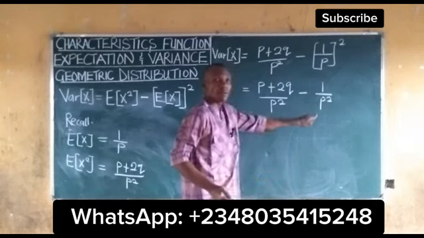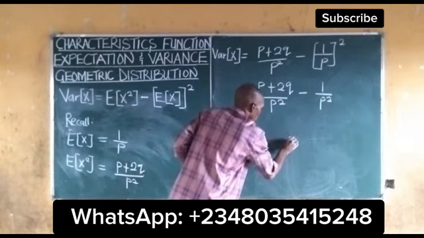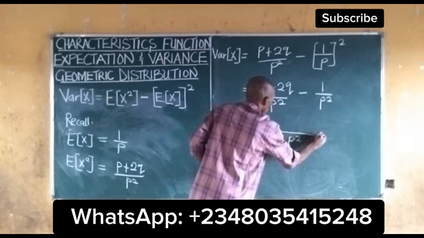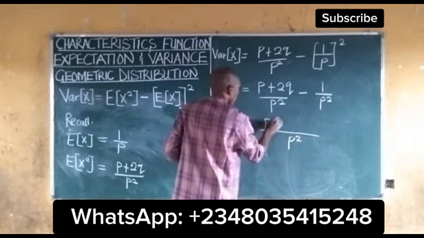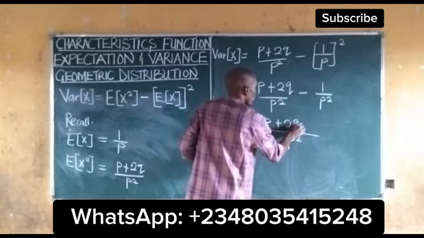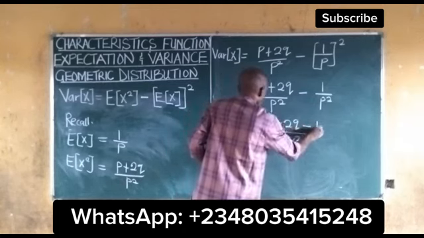If we take the LCM of these two, we have p squared to give us p plus 2q minus 1.